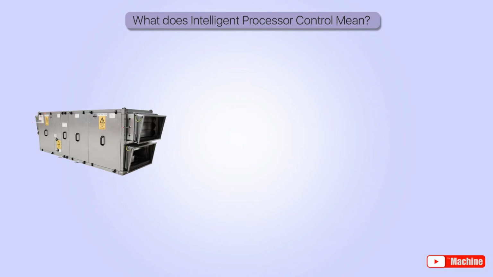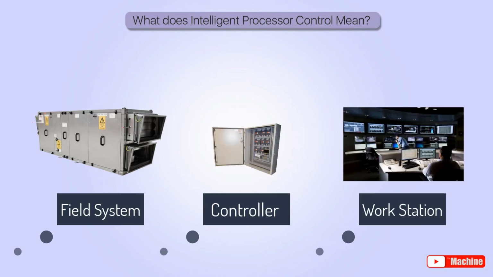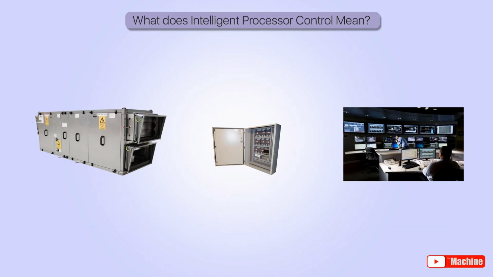This is our field system, the controller, and the BMS workstation. The controller receives the field system data signal, analyzes the program, and then transmits it to the BMS workstation. Without requiring human intervention, the field system and controller will communicate to alter the field devices.